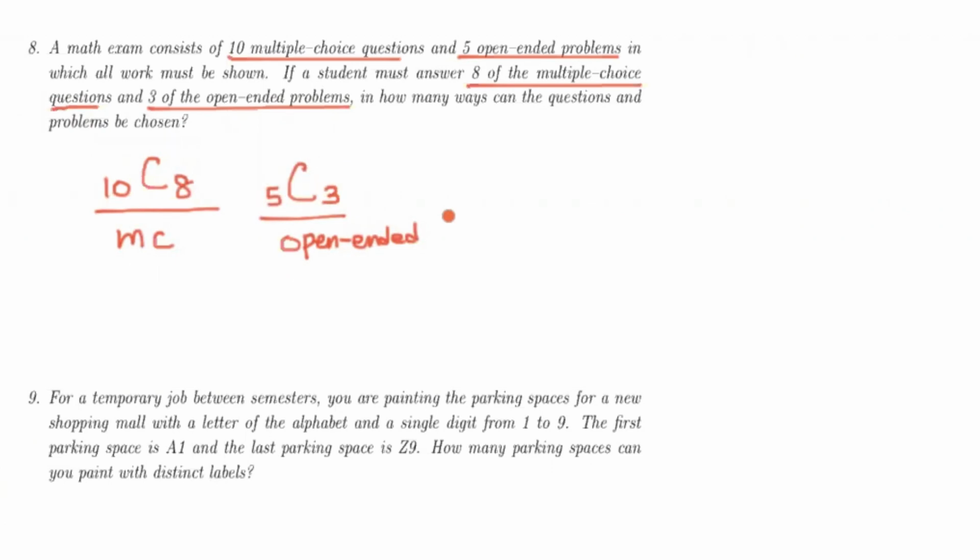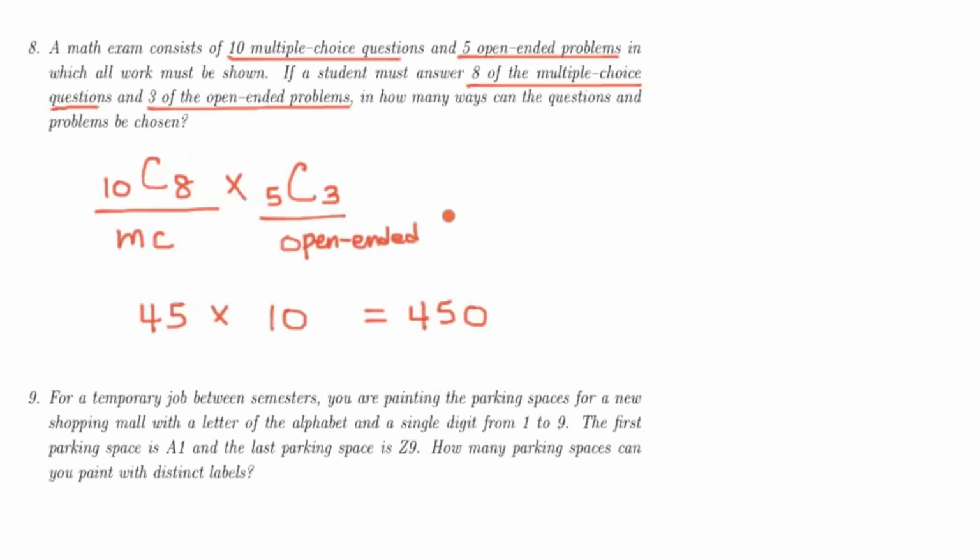So like that, and you multiply. What's 10 combination 8? 45. What about 5 combination 3? 10. Making the answer 450 ways. Great.